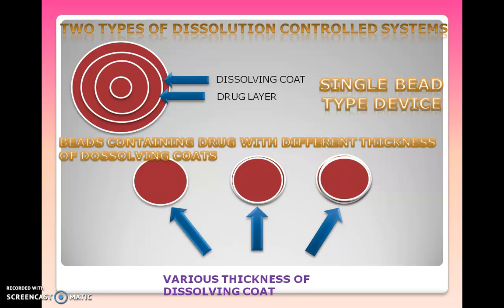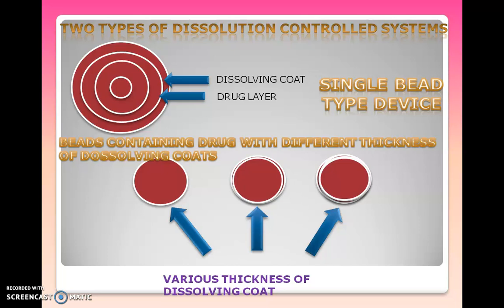So what is the basic concept behind this? Those particles which are uncoated, they will release the drug as soon as they come in contact with the GI fluids, which will help to achieve the therapeutic level.